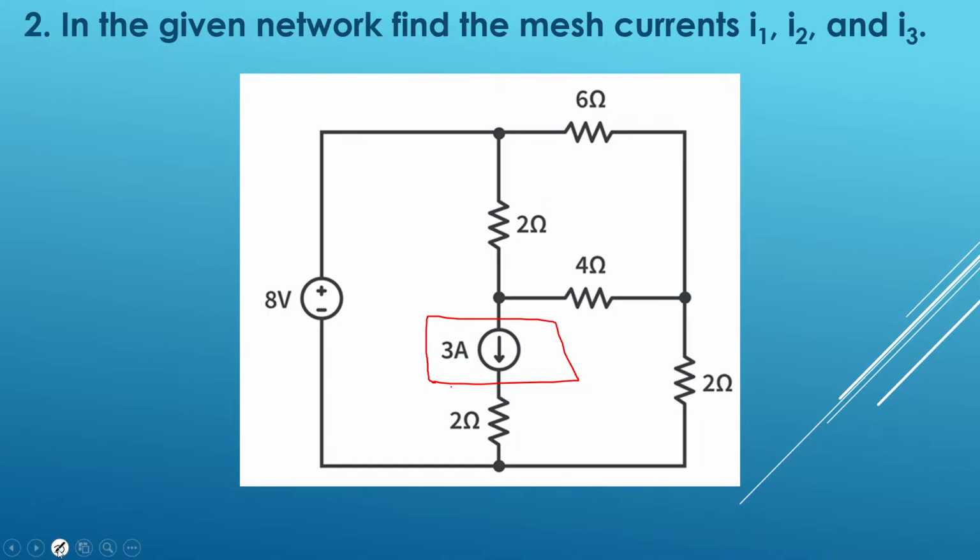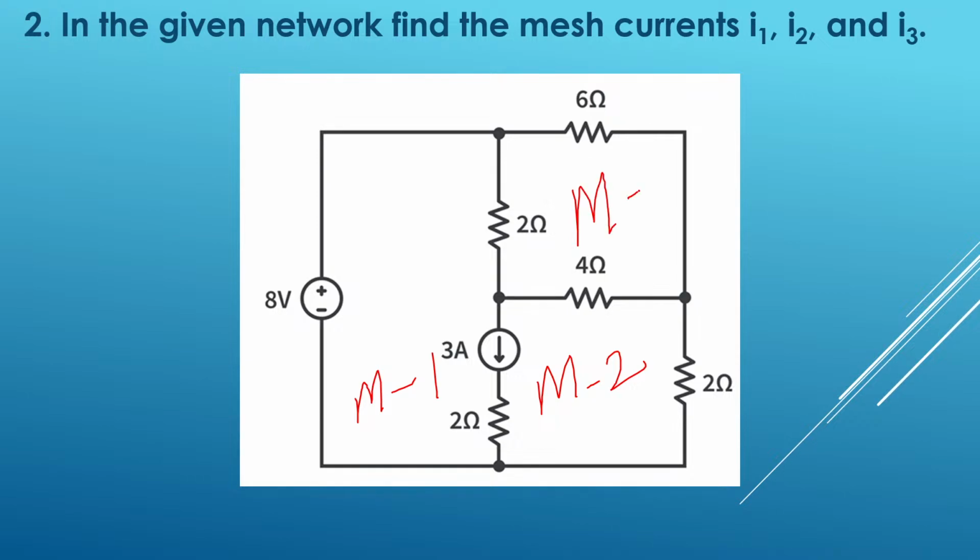You can mention in the chat box. There are mesh 1, mesh 2 and mesh 3, total 3 meshes. Notations are your wish. I have assumed the first one as mesh 1; you can assume this as mesh 1, your wish.